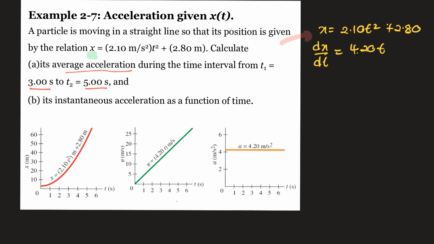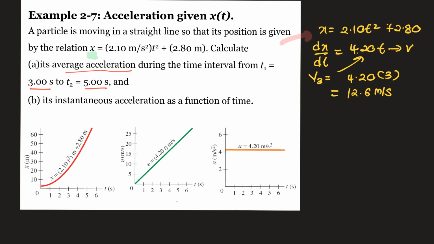So this is basically the velocity. The question asks you to find the average acceleration, so you need to find the velocity at 3 seconds. You just put 3 seconds into this formula, 4.20 times 3, and the answer is 12.6 meter per second.